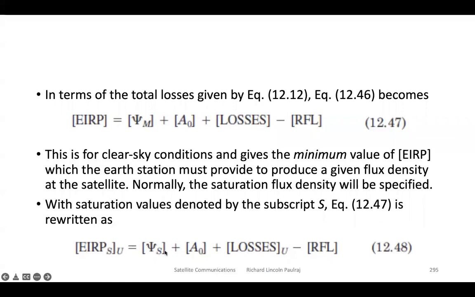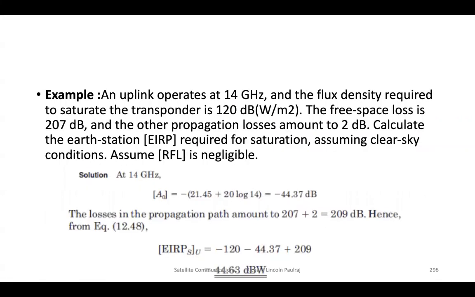Psi S is also given, and then you have 120. You bring the same value down here, which is 44.37 and 209. How is this 209? You have 207 and other losses of about 2, so you're adding them both.